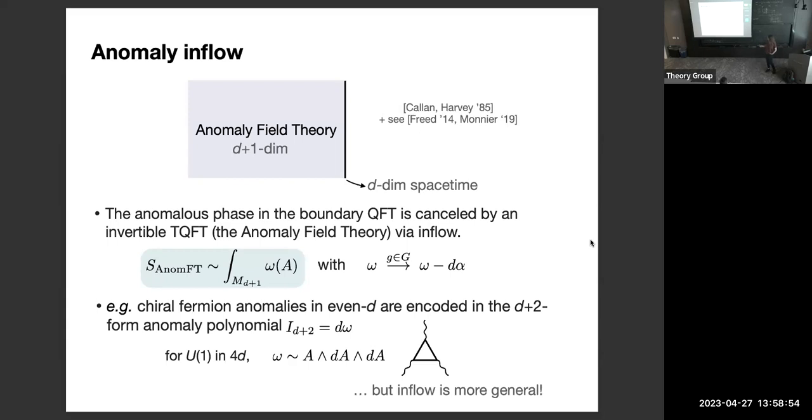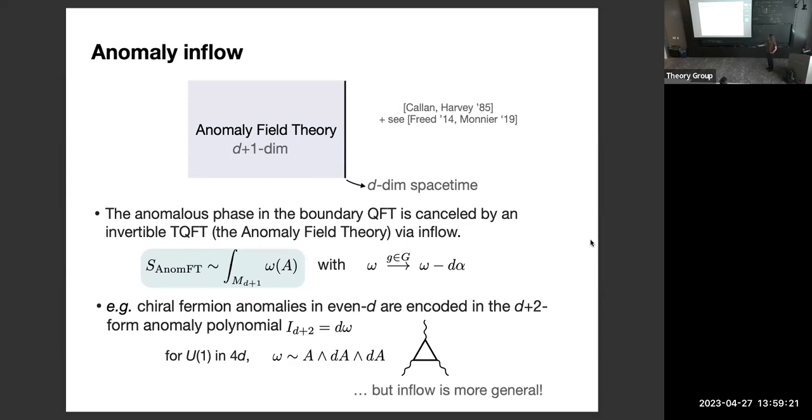In this case, the anomaly polynomial is exactly basically d of this action, and so the anomaly polynomial is the boundary term of basically the Chern-Simons action for the global symmetry in one higher dimension.